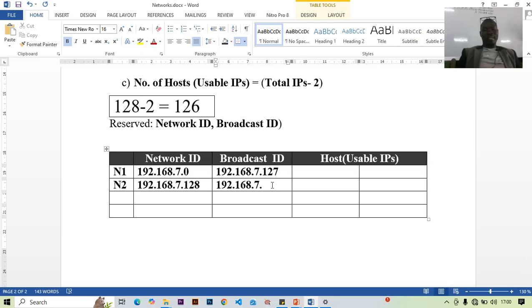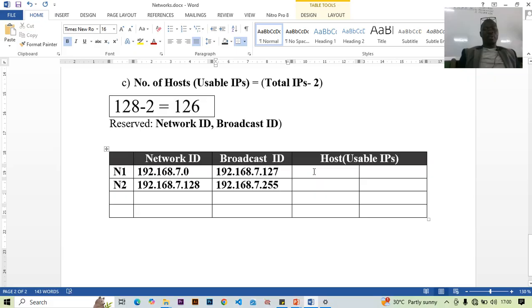So if we said that here all these were turned off, suppose now all these are turned on, it means we shall have 255. If all these are turned on, we have 255. If all these are turned off, we have 0. So by doing this, we have now the network IDs and the broadcast IDs.